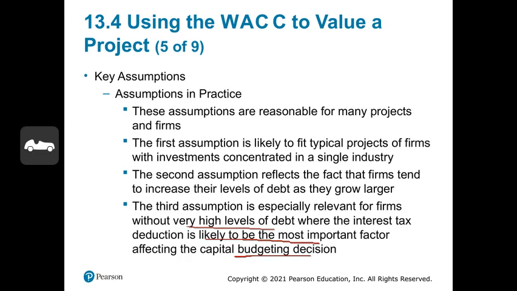Because remember that interest is tax deductible, it's going to reduce our tax burden. And a lot of times that in itself will be the decision to go with debt financing versus equity financing because of that reduction. Now, that does come with risk because you have to pay the interest.